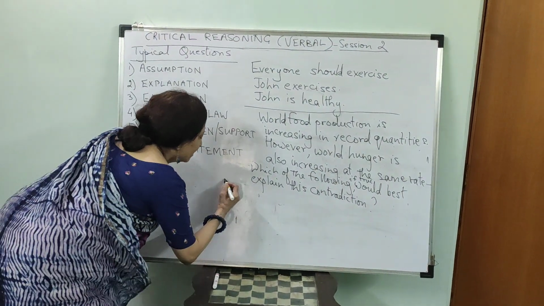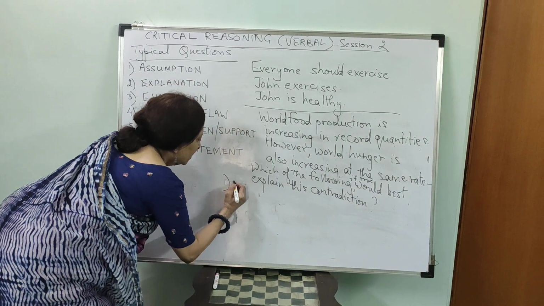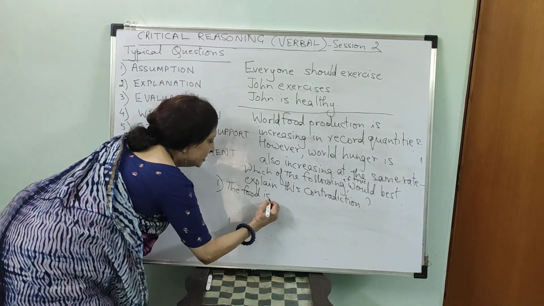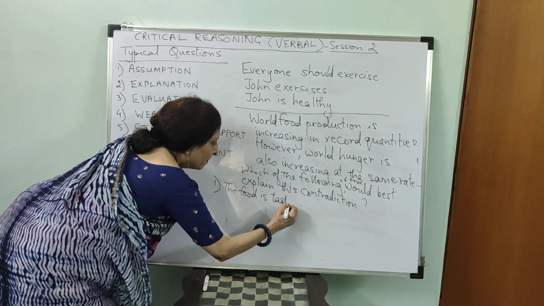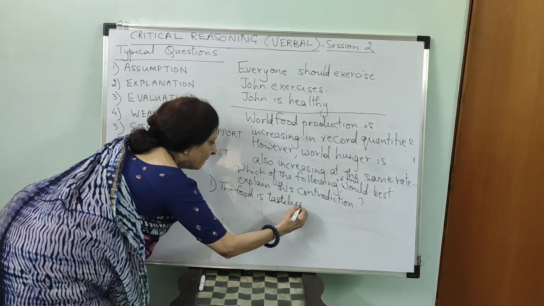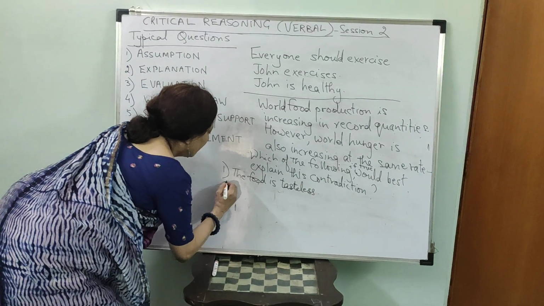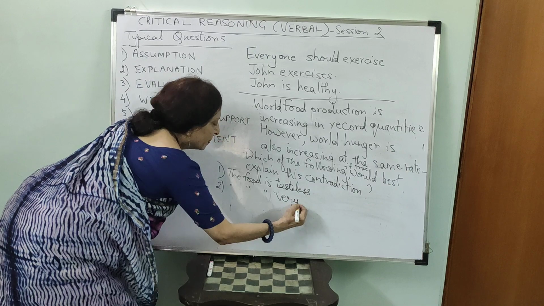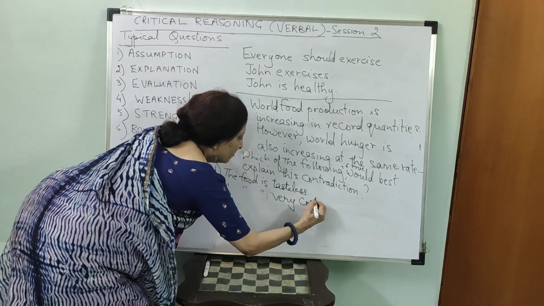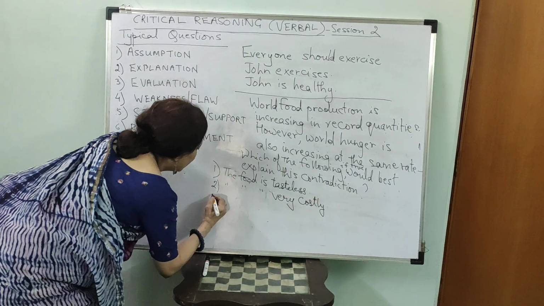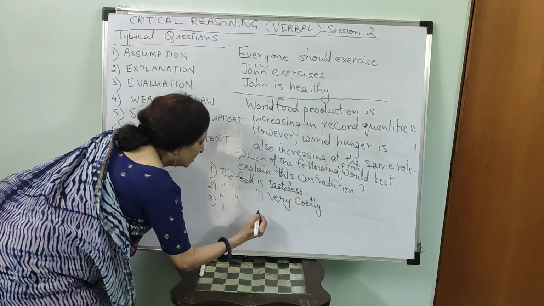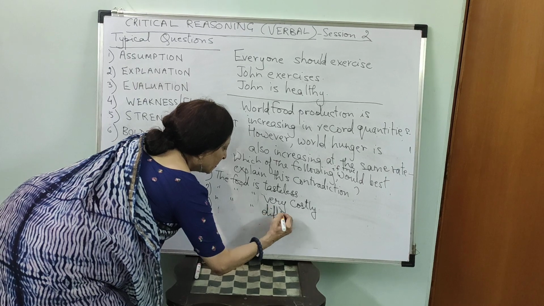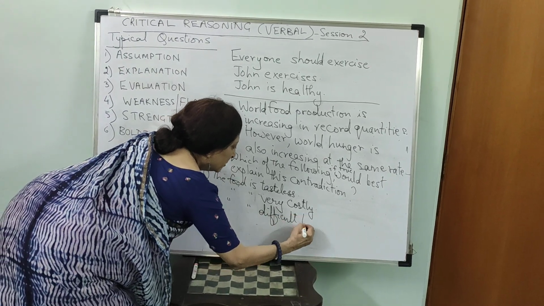So now let us take the 5 possible answers. The food is tasteless. The food is very expensive, very costly. The food is difficult to digest.